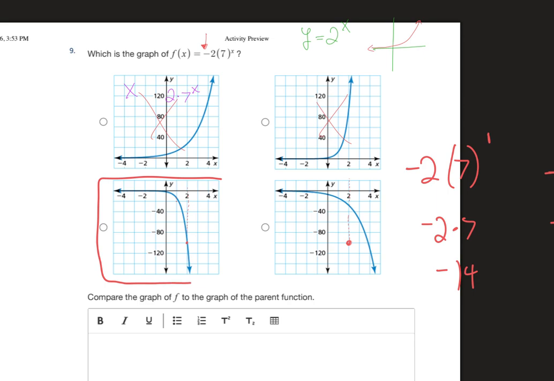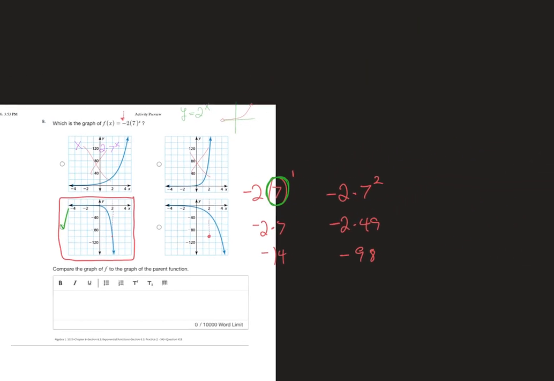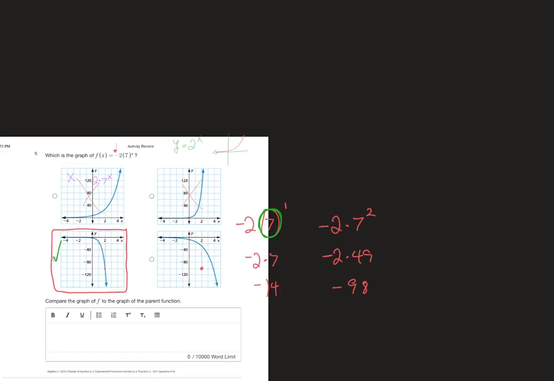And if you're like, well, I don't like the fact that we approached it that way. I suppose the other reason, if you're looking for an alternative reason as to why we like this one, is 7 as our base means we're going to grow very fast. And if you're like, well, what do you mean? Well, 7 to the first power is 7. 7 to the second power is 49. 7 to the third power, I'm trying to squint over to the board.